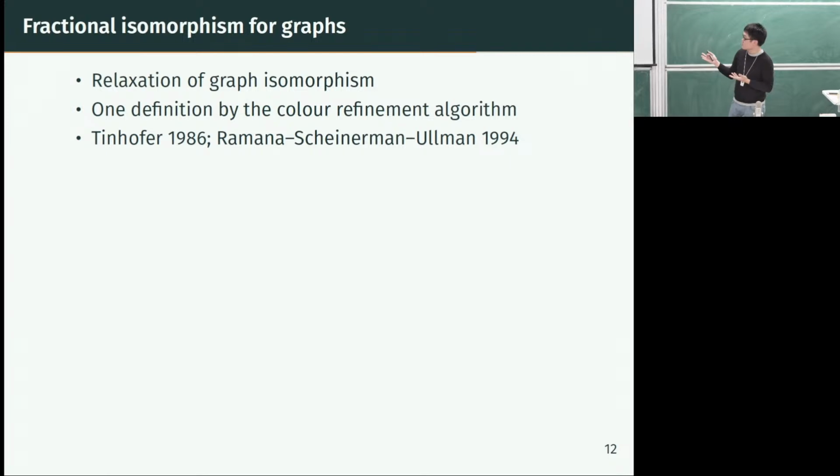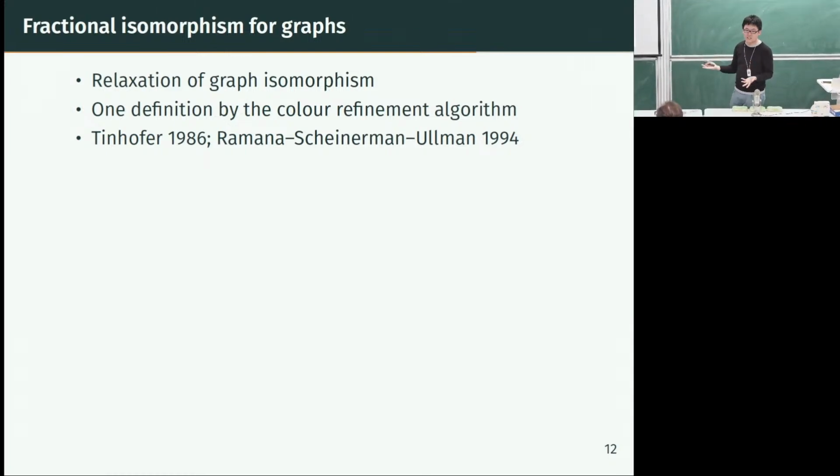So to begin, fractional isomorphism for graphs is a classical property. It's been studied quite a lot in the area, and the motivation for this is that it's a relaxation of the usual notion of isomorphism in graphs. So in particular, it has some applications in some decision problems related to graph isomorphism.